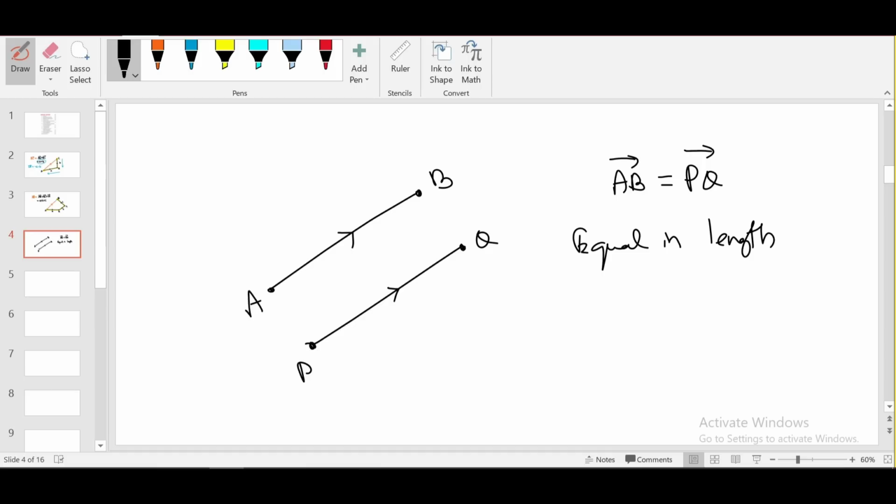Not only are they equal in length, they are parallel also. So you can say AB is equal to PQ. Copy that please. So we are done learning the basics about vectors.